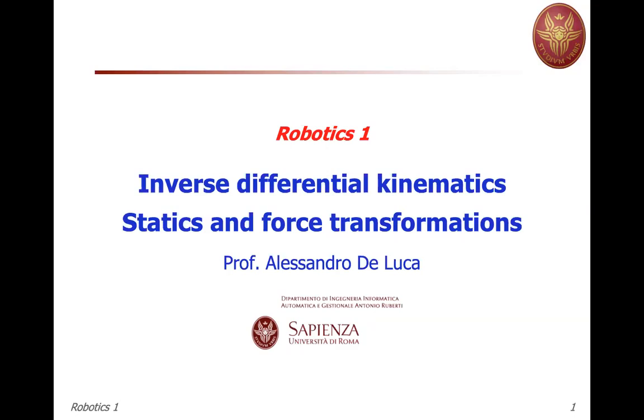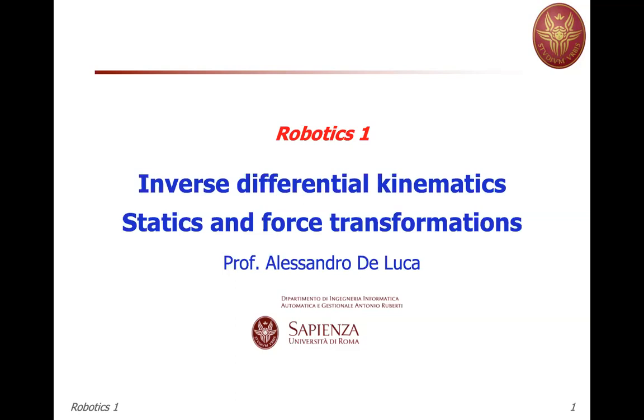So, as I said, this morning we will cover inverse differential kinematics and statics and force transformation. Inverse differential kinematics is in fact the opposite of what we have seen the last few times.